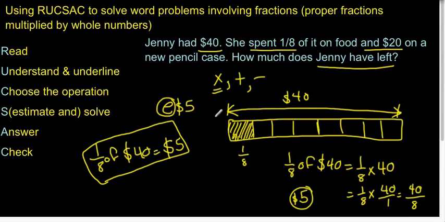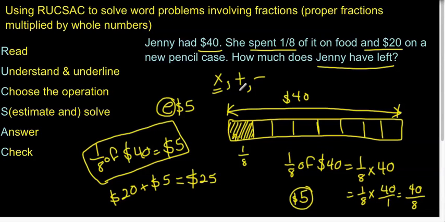Now we have to add. We now have to add the $20 and the answer from this question, which is 5. Well, $20 plus $5, I'm writing on a slant here, sorry, equals $25.